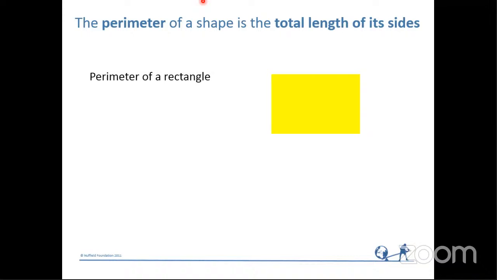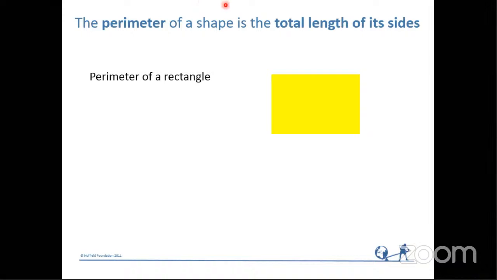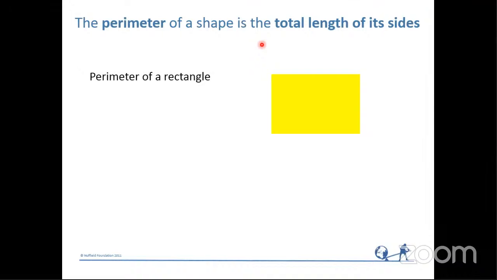It has 4 sides. Thank you. Another one? The corners are always 90 degrees. The interior angles are 90 degrees. Thank you. Any other that we have left out?